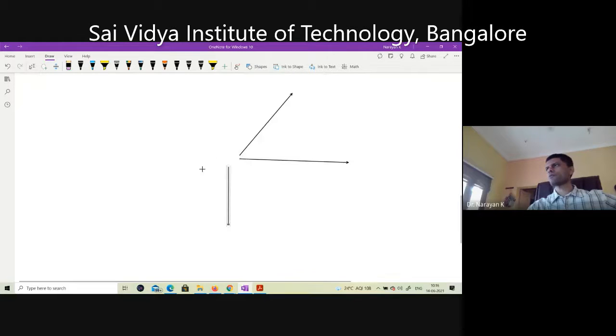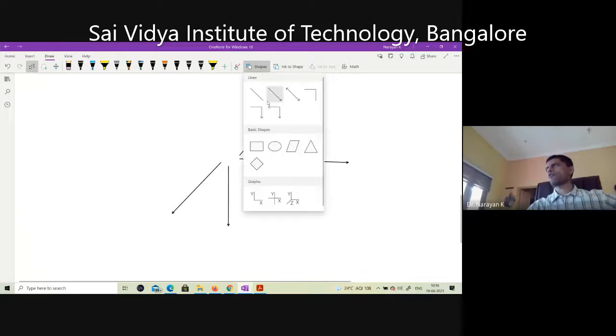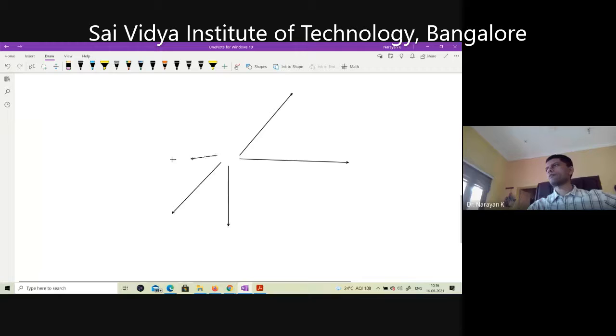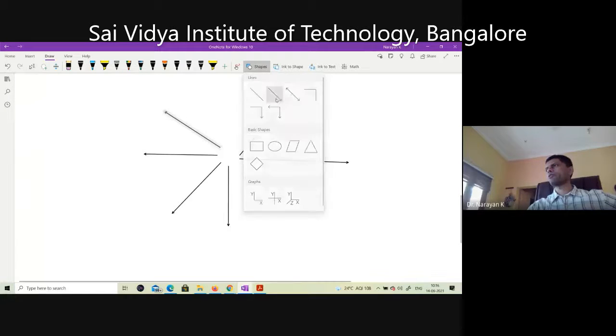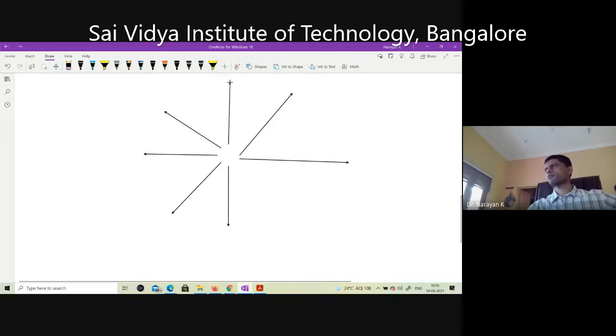That is the concept of your isotropic radiator. So I'm trying to put arrow marks to depict that the isotropic radiator will radiate power with equal intensity in all the directions. So these arrow marks should be of almost similar length.